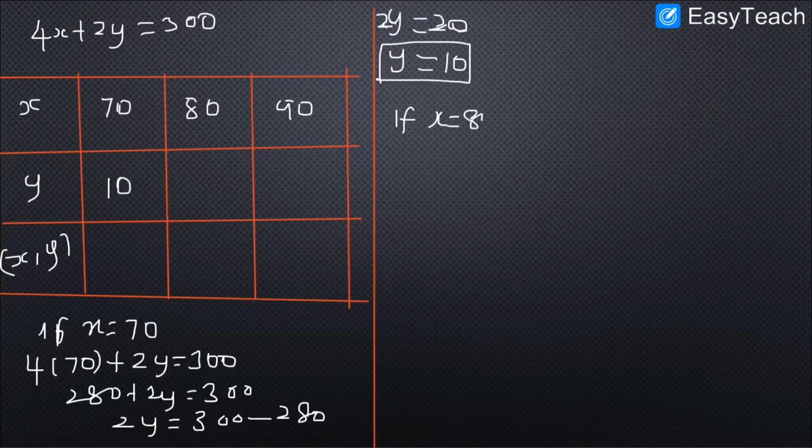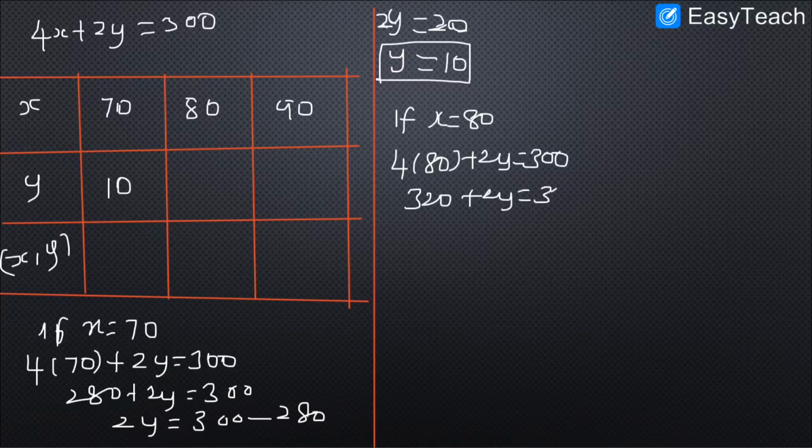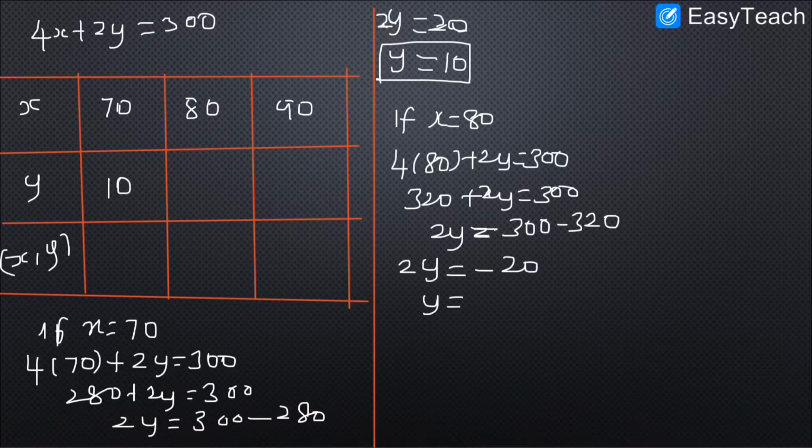If x equals 80, 4 into 80 plus 2y equals 300. 320 plus 2y equals 300. So 2y equals minus 20.